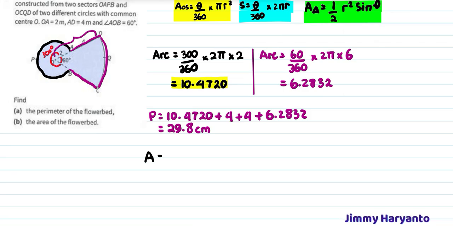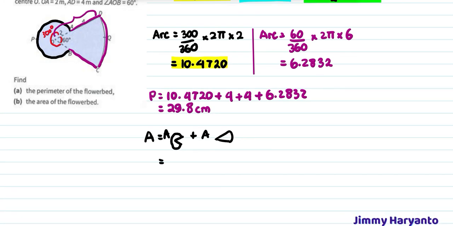Next is the area. For the area, you only have to add the area of this one plus the area of this one. So first, theta is 300 over 360 times pi r square, where r is 2.